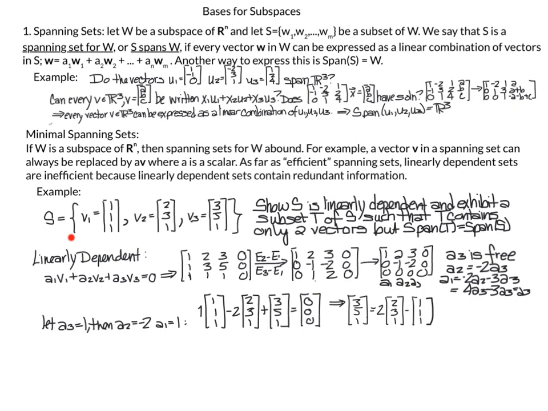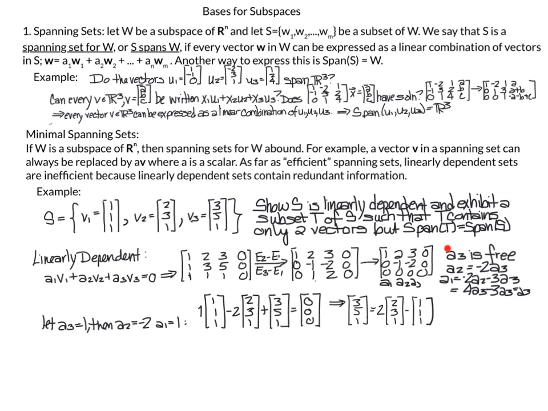To show they are linearly dependent, we take the linear combination and set it equal to 0. So then we have this augmented matrix, which we solve, and we get a3 is free, a2 is solved in terms of a3, and a1 is also solved in terms of a3. In particular, a2 is equal to minus 2 a3, and a1 is equal to a3.